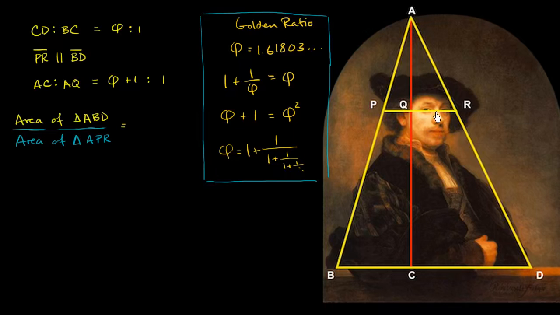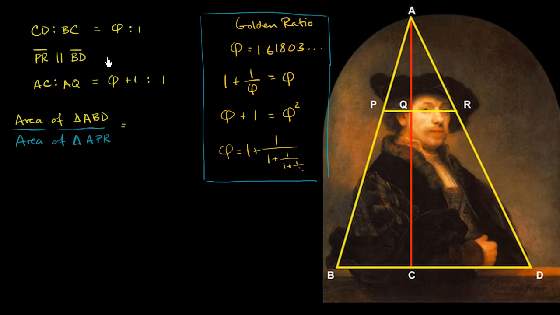And then if you were to go to his eyes, and you could imagine human eyes are what we naturally look at, whether we're looking at a face or a painting of a face. If you look at his eyes, and if you were to draw a line there that's parallel, well, that really connects the eyes, and it's parallel to the BD right over here. So let's call that segment PR right over there. We'll see that this ratio, the ratio between this smaller triangle and this larger triangle, involves phi.